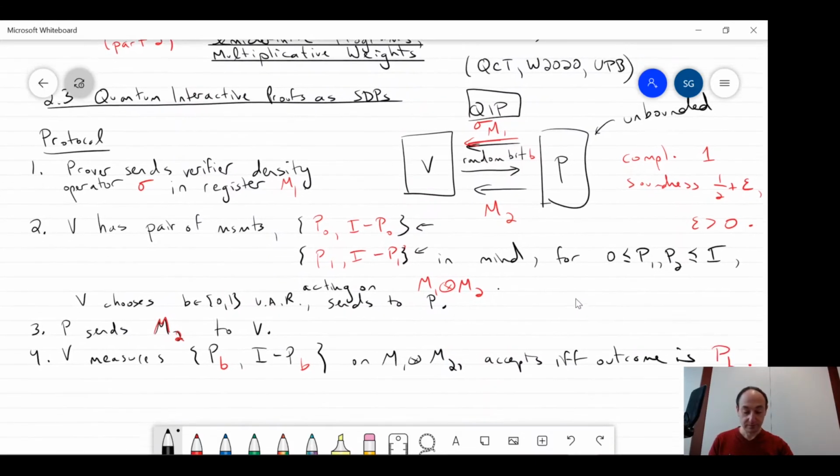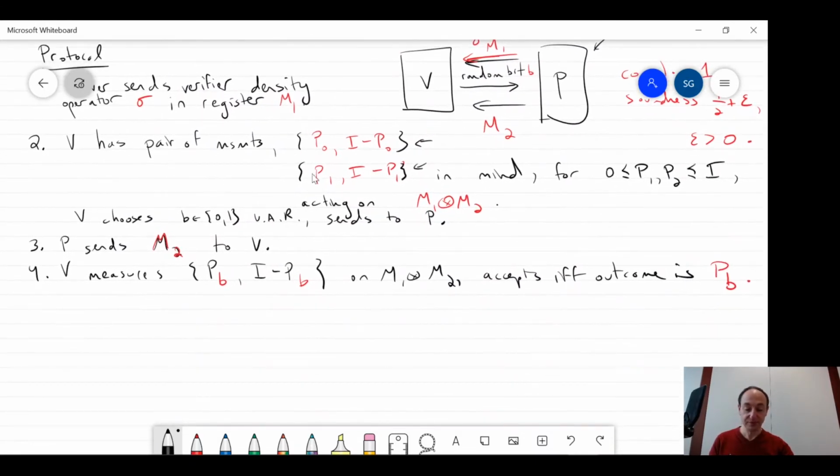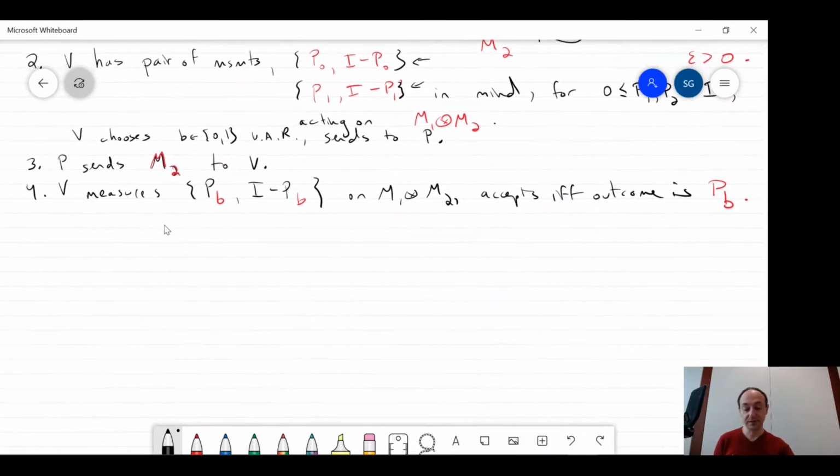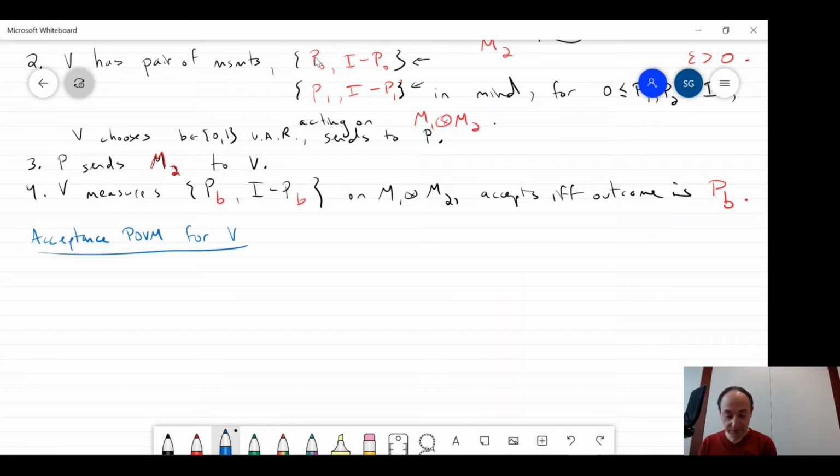So I've given you a pair of measurements, each of which is picked with probability 50%. Let me write them together as one joint POVM measurement for the verifier, instead of writing them separately. So the acceptance POVM for the verifier, what is it?